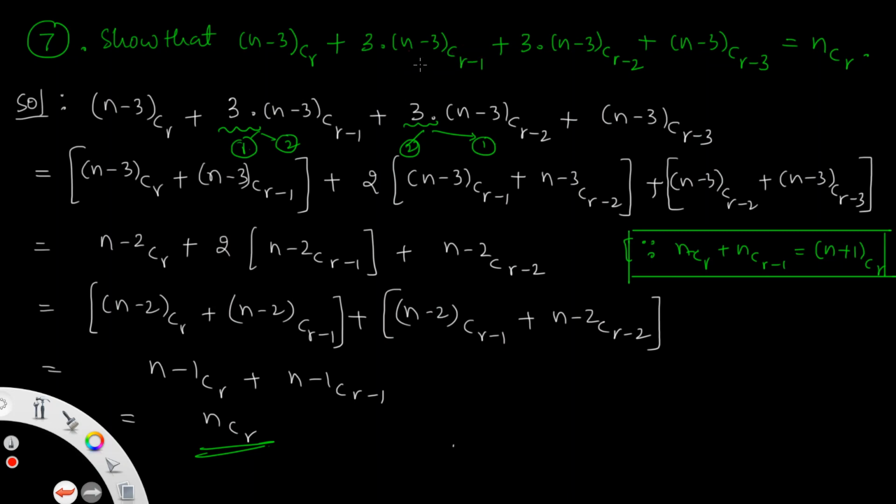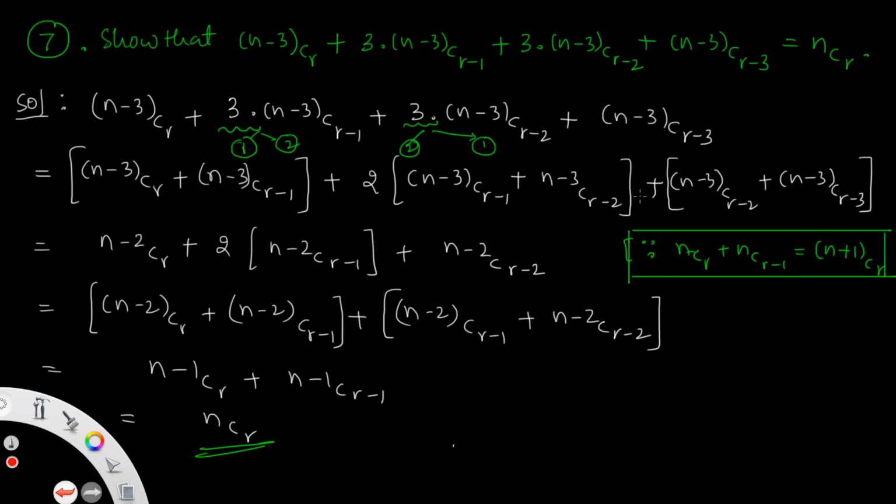So we have to rearrange the terms, by this (n minus 3)Cr, then (n minus 3)C(r minus 1), but here three terms are there. I am splitting 3 times (n minus 3)C(r minus 1) as one (n minus 3)C(r minus 1) plus 2 times, and regrouping. The next group also has 3 terms; take 2 terms as 1 term again, and the remaining 1 term is applied with the last term.